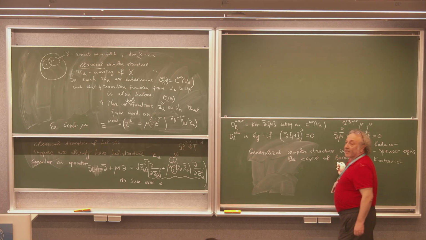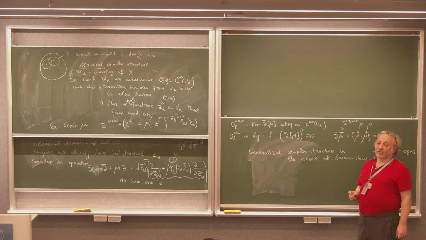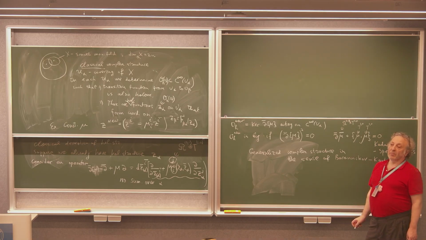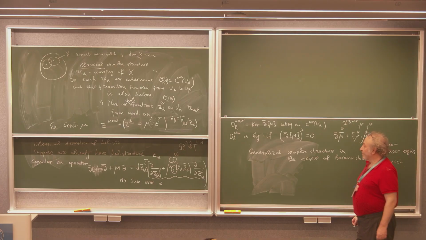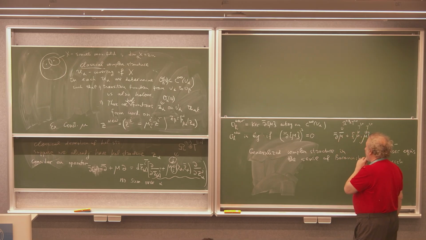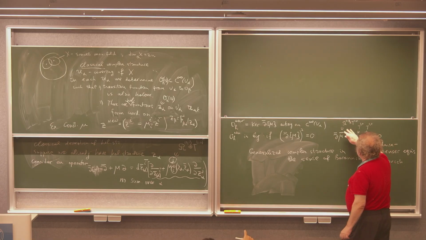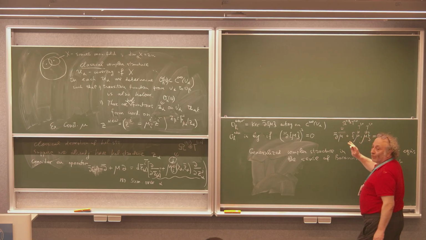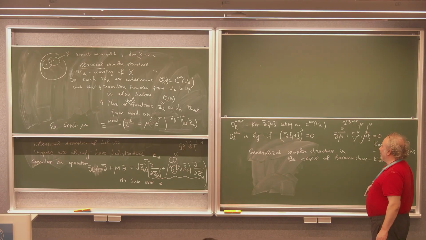Interestingly, it is this complex structure, generalized complex structure, that appears in the B model. Excuse me. There's d bar mu bar. Why there's an extra mu bar over mu? Sorry. No mu bar, it's history.